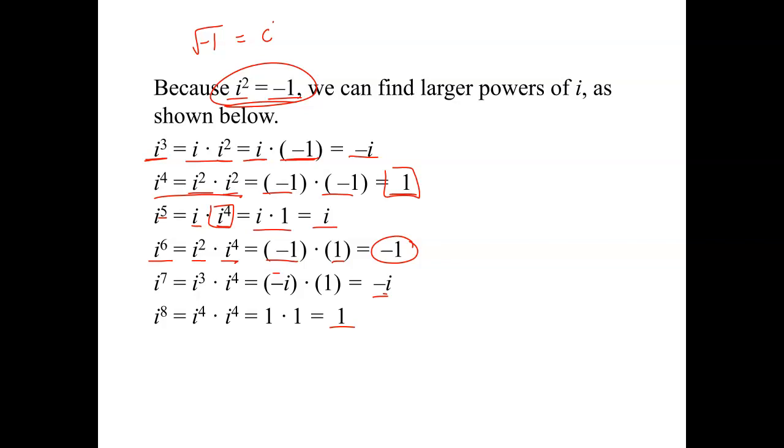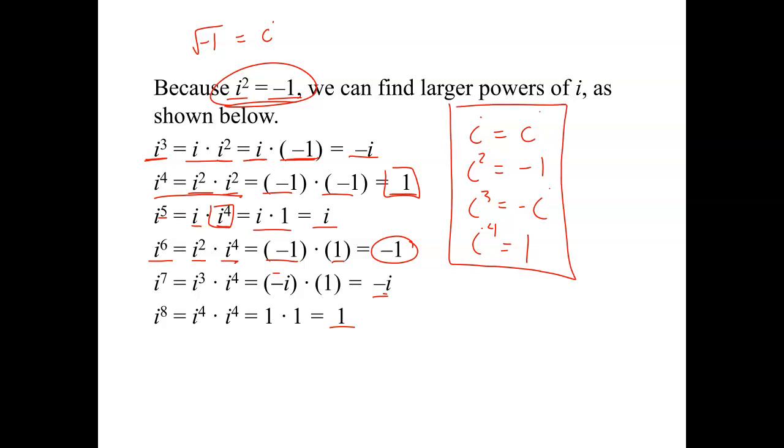So it breaks down to: i to the 1st equals i, i squared equals -1, i to the 3rd equals -i, i to the 4th equals +1. That's the pattern that repeats.